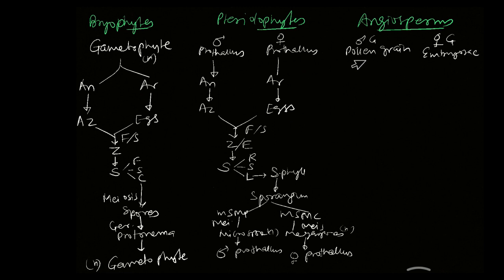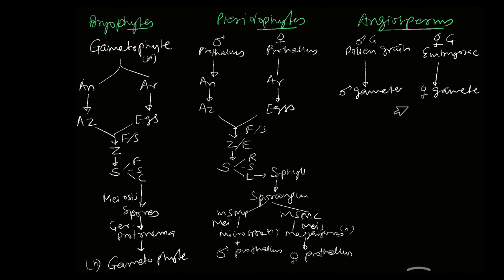The male gamete is produced in the pollen grain, and in the embryo sac the female gamete is present.